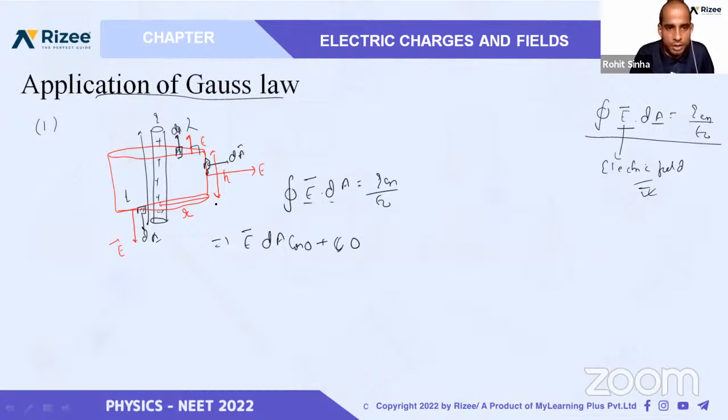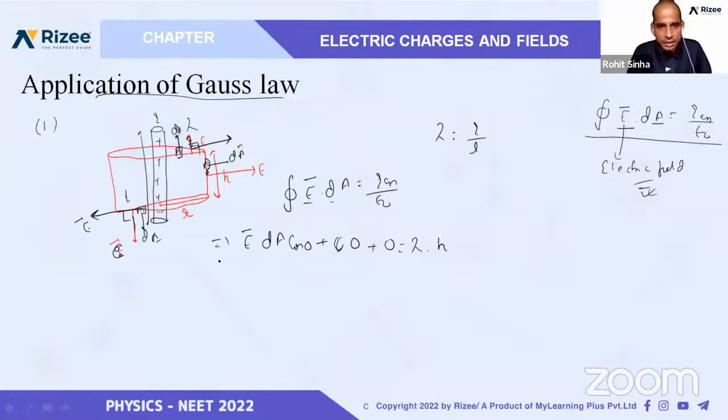For this one it will also be 0. The electric field is in this direction, not in that direction, so the angle is 90 here and 90 here. So 0, 0, and the charge enclosed, since lambda is equal to Q by L, is Q equal to lambda into height H.